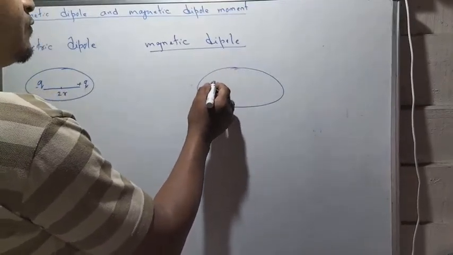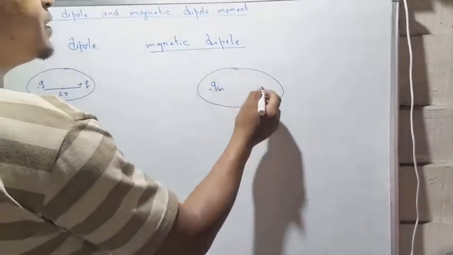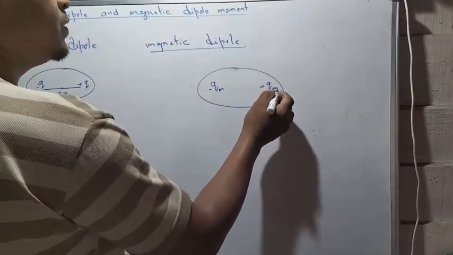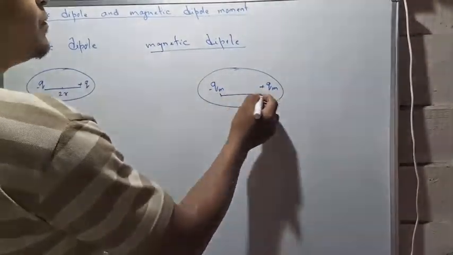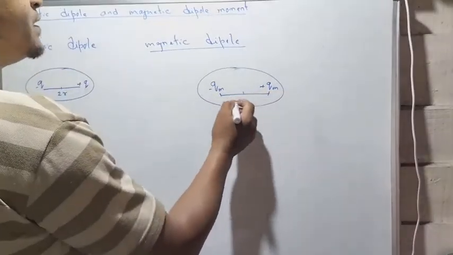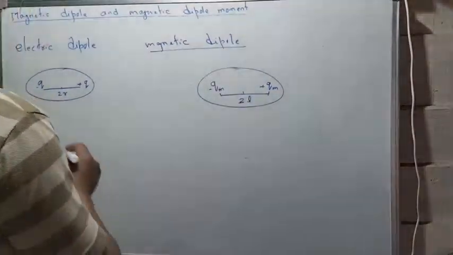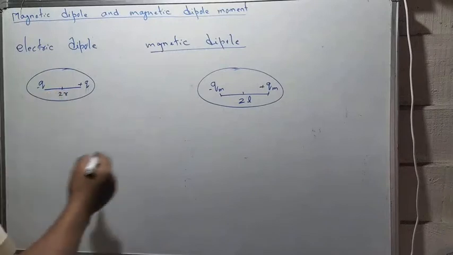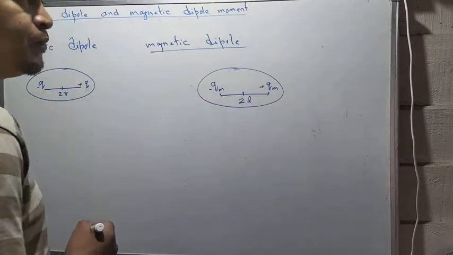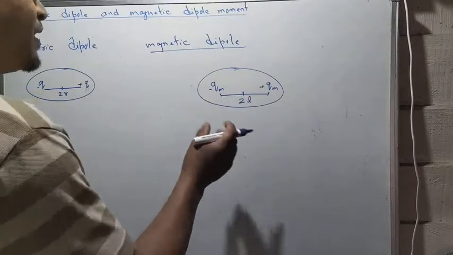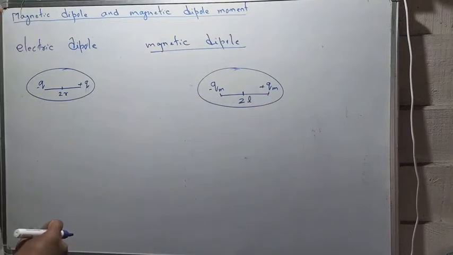It is a system of two equal and opposite poles, separated by a small distance, and that distance here I will write as 2L. In electrostatics I write 2R, but here I will write 2L. But in some books you may find that they write 2R. It is just the notation only.